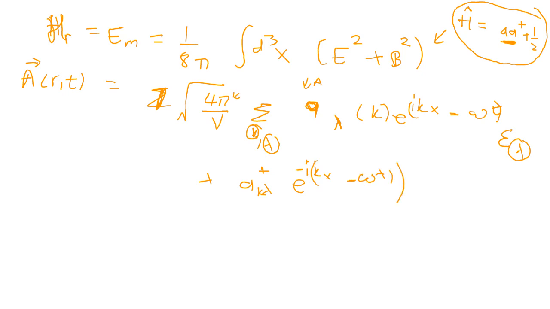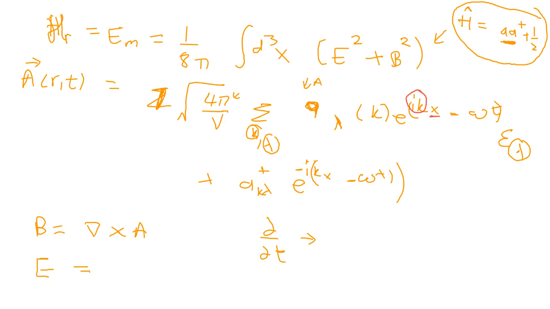Now, once you have this, then to get the electric field, let's start with the magnetic field. The magnetic field will just be the curl of A, and the electric field will be some derivative. If you take d over dt of A, this just brings down a factor of i omega.